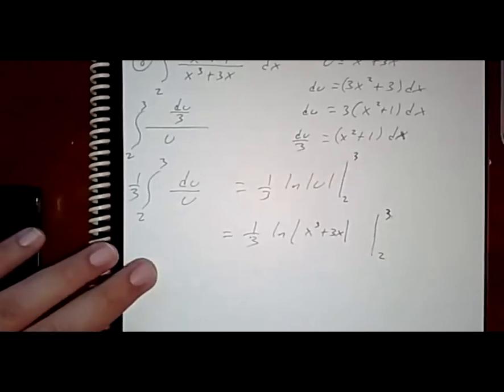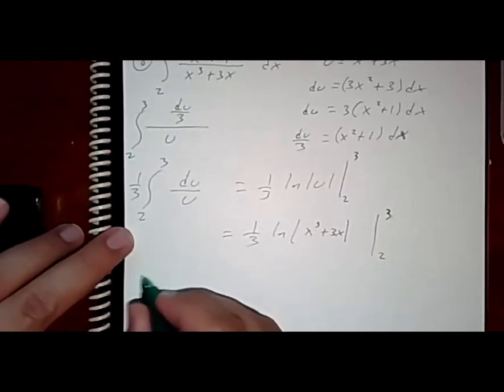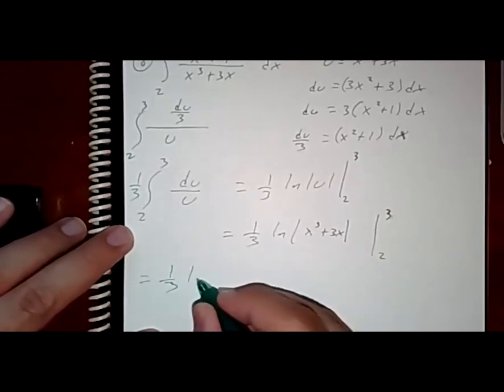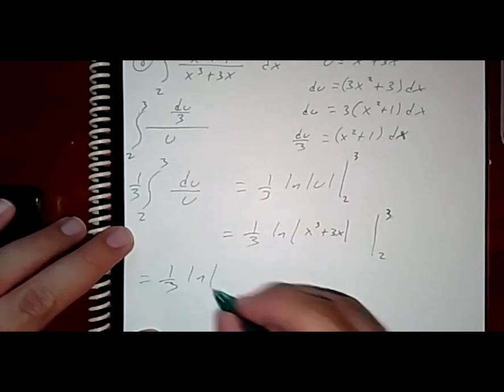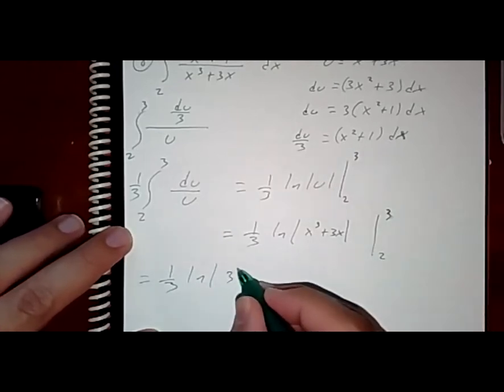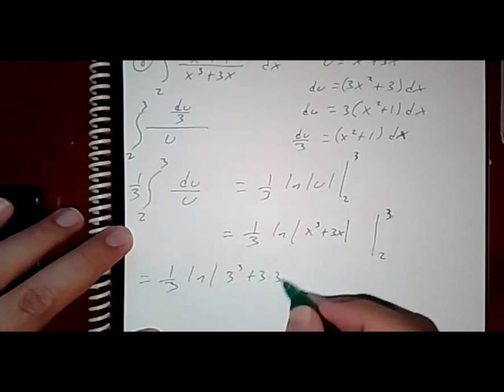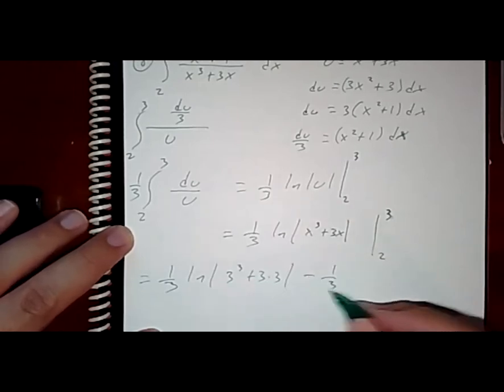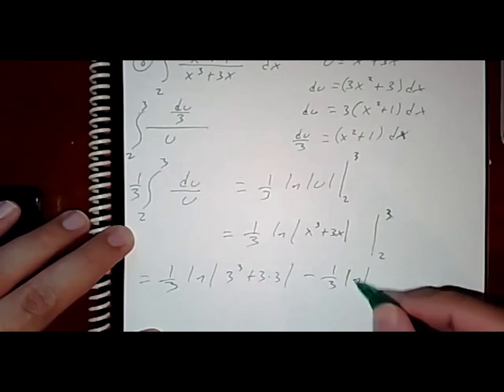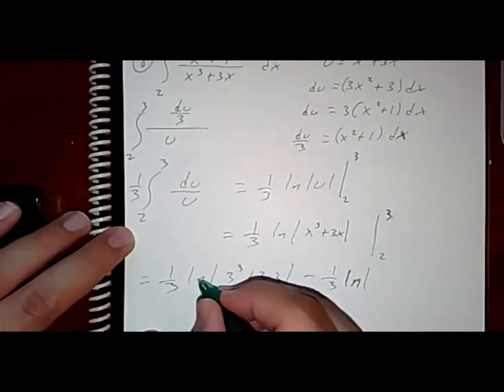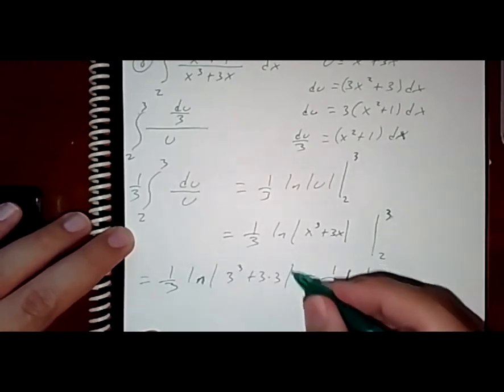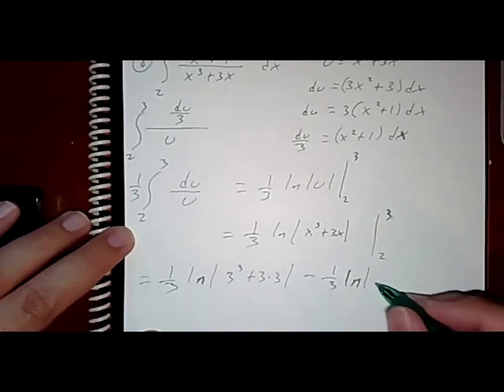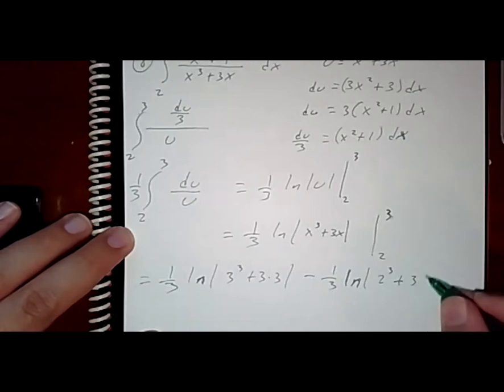Okay. So I'll just plug it in and we're good, right? Yes. So ln of 3 cubed plus 3 times 3, minus 1/3 ln of 2 cubed plus 3 times 2.